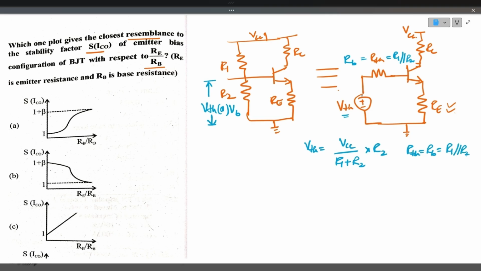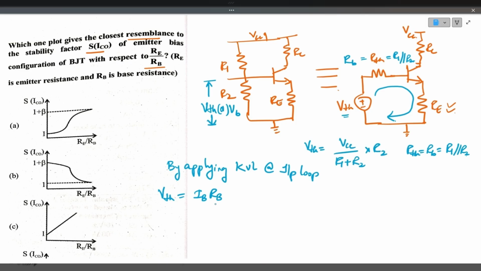Now apply KVL at the input loop. By applying Kirchhoff's voltage law at the input loop, we get the equation V Thevenin equals base current IB times RB, or R Thevenin, both are the same, plus VBE plus VE, the emitter voltage. The emitter voltage can be written as emitter current IE multiplied by RE.